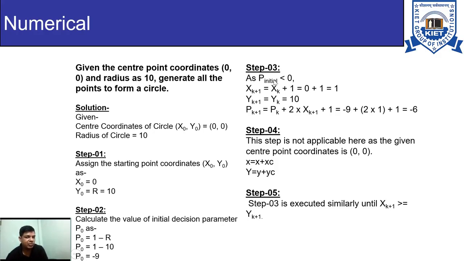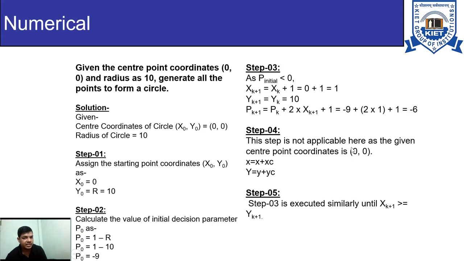And we know that if the value of p0 is less than 0, then in that case we will increment the value of x, but we will not change the value of y. The x value will be incremented from 0 to 1, but the value of y, which was previously 10, will remain the same, that is 10, and the next pixel parameter is minus 6, and again we have to increment the value of x and not change the value of y.